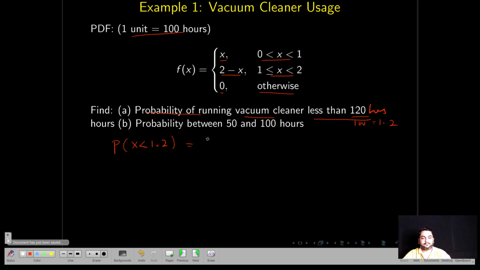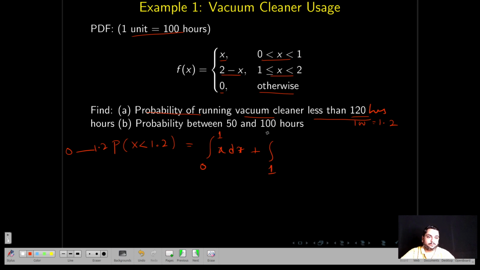Okay. Now you see, directly don't integrate. There are two functions here. From 0 to 1, it is x. Less than 1.2 means I have to start from 0 till 1.2. So from 0 to 1, x dx is the integral here, plus, don't do it as 0 to 1.2 and then integrate with some function. It will be wrong.